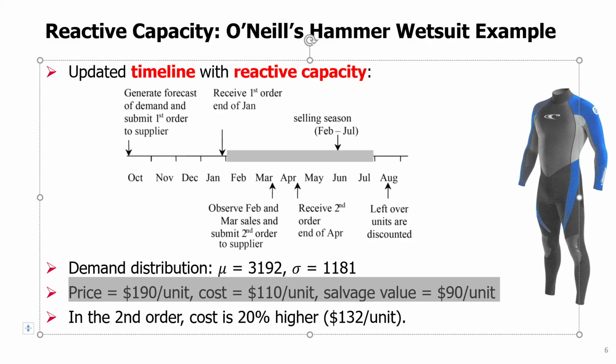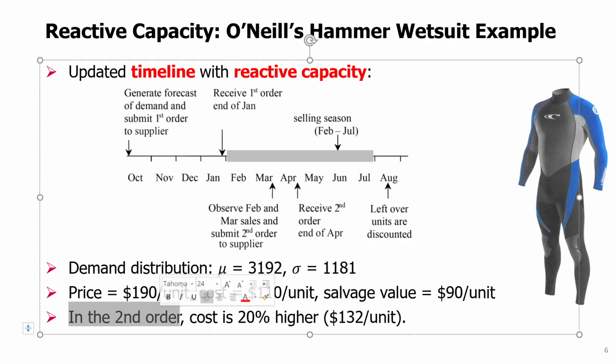And one more new thing is that in the second order, the cost is no longer $110 per unit. It is 20% higher. So we pay a premium for this reactive capacity, for this quick response, right? This delivery time will be just 1 month. We pay $132 per unit, which is 20% higher than the original cost.